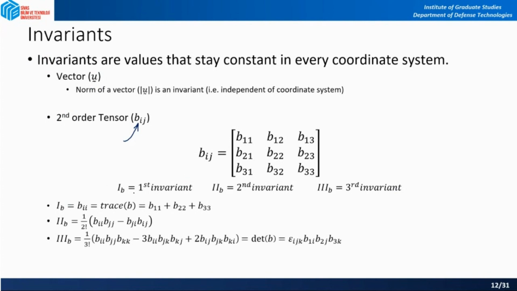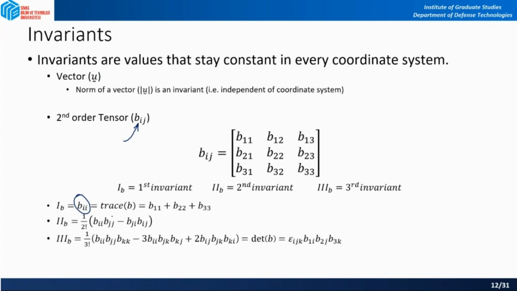So first invariant, second invariant, and third invariant. What is the first invariant? First invariant is nothing but the trace. So the trace will remain the same. It doesn't actually depend on the rotation. If you express your tensor in some coordinate system and calculate its trace, it will be the same as in any other coordinate system.